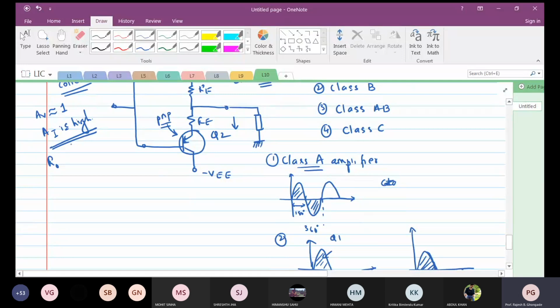Another important thing, output impedance of common collector. What is output impedance of common collector? Whether it is low or high. Guys, are you there with me?